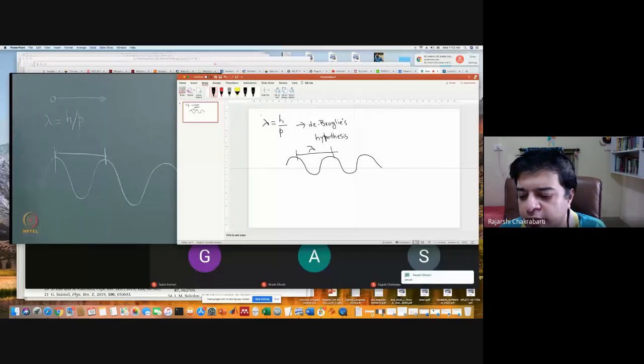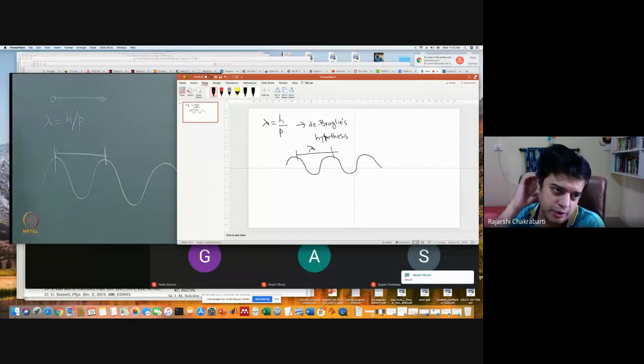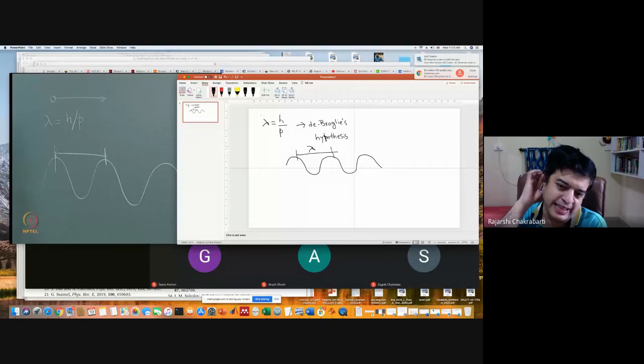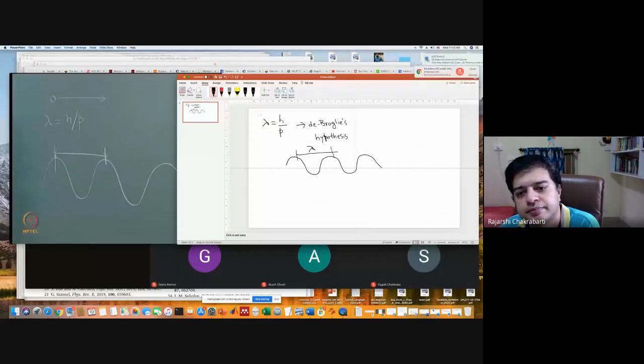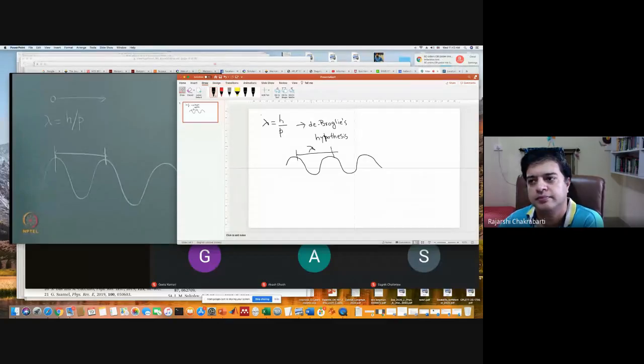So can anyone tell me what will be the momentum for a wave with wavelength lambda? From wave mechanics, from wave physics, can anyone tell me? I'm waiting. Now, Ligesh, tell me. You are TA, no? You should tell me.